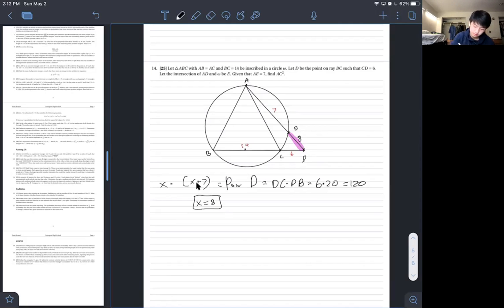For example, if you let this be theta, then you can say that 6 squared plus 15 squared minus 2 times 6 times 15 cosine theta equals AC squared. And then 20 squared plus 15 squared minus 2 times 20 times 15 cosine theta equals AB squared. And then you can solve for theta.